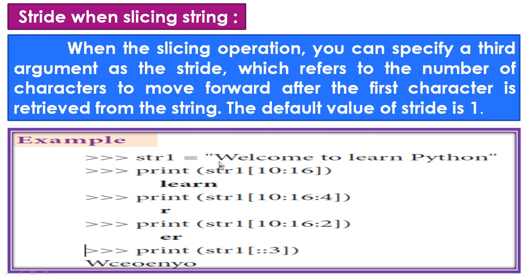From that, every 3 characters are printed here. The first character is w. From that, the third character c is printed. From that, the third character e is printed. From that, the third character o is printed, and so on. Each character in a gap of 3 characters is printed from the main string value.